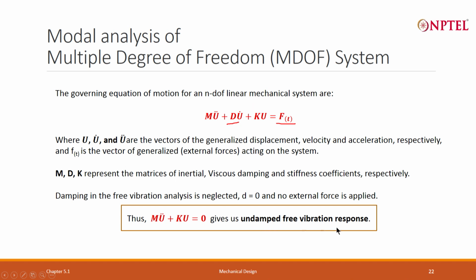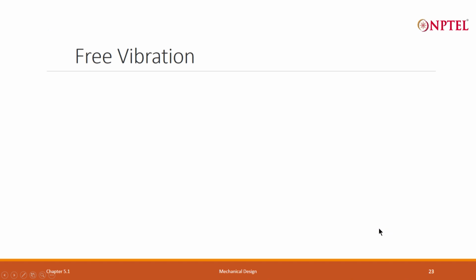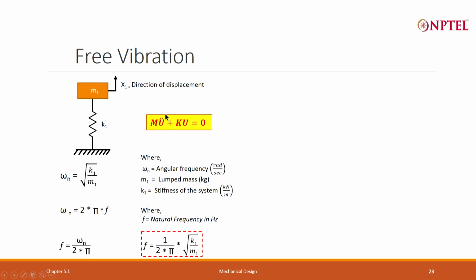So, that becomes undamped free vibration. The equation reduces to m d square u by d t square plus k u equal to 0, and then we are trying to find out the frequency and amplitude. Frequency we know, amplitude would be whatever the displacement comes, that becomes amplitude.